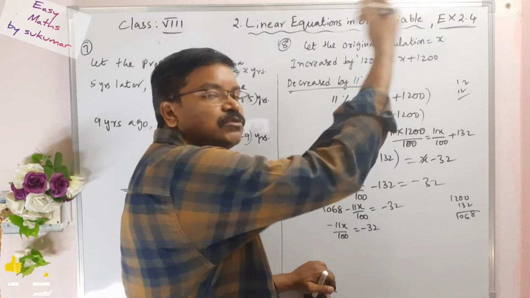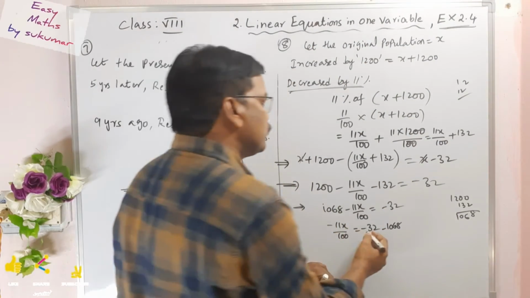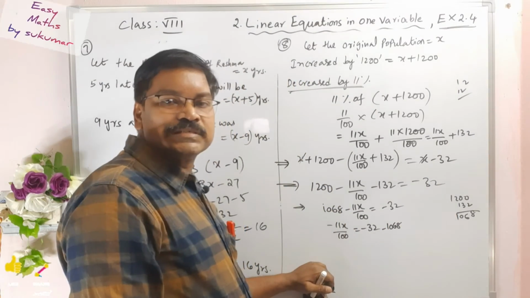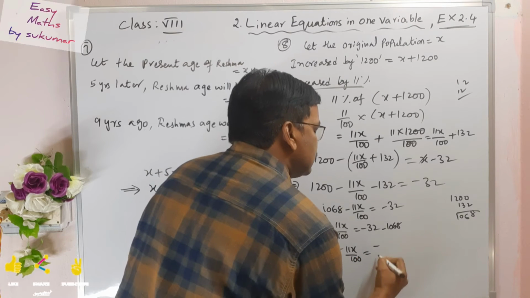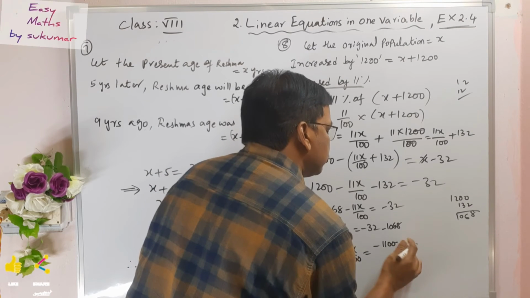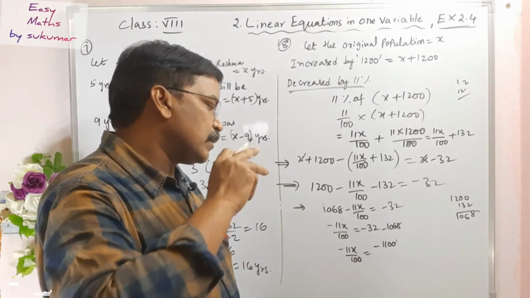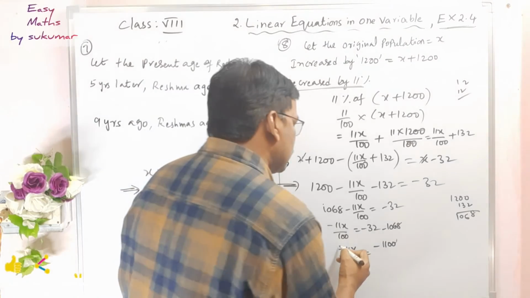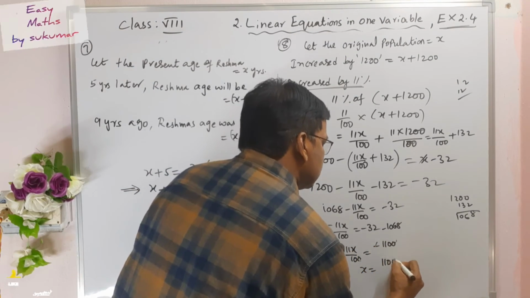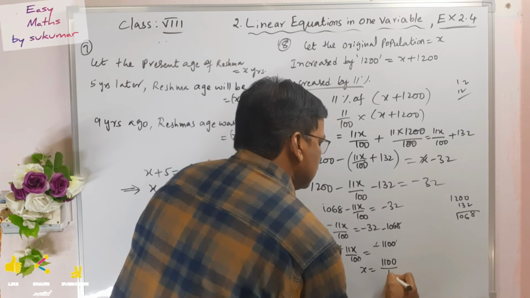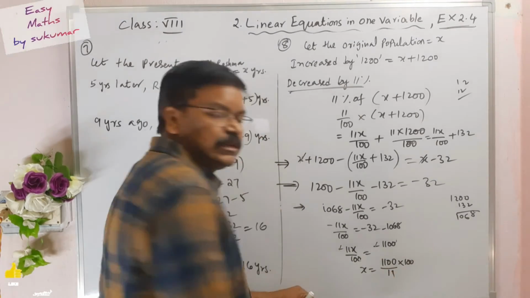Now just transpose this 1068 to the other side, that is minus 1068. If you add this minus 32 and minus 1068, that is equal to what? 1068 plus 32, that is minus 1100. Now you can cancel the minus minus. Here finally x is equal to 1100 by what? This 100 will come here and 11 will come here, right?